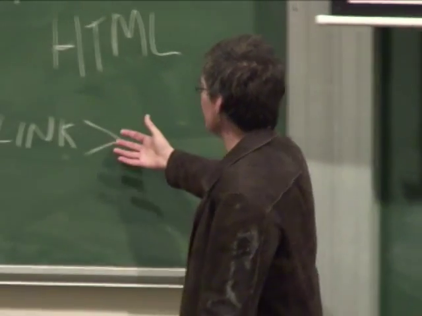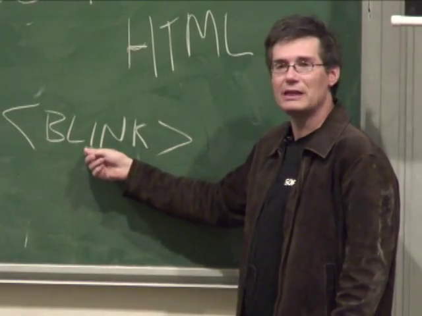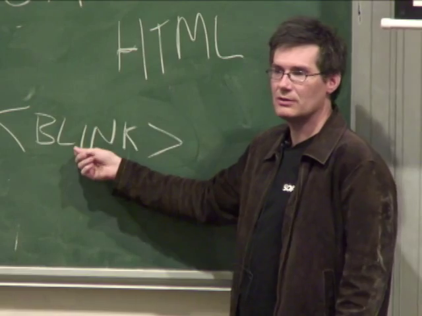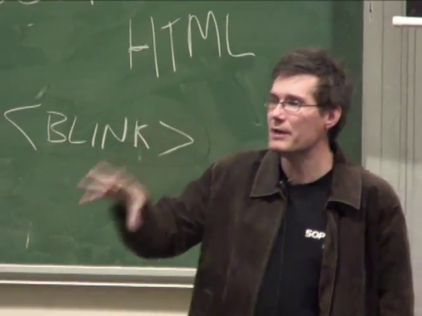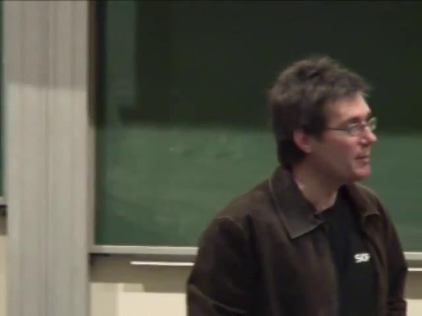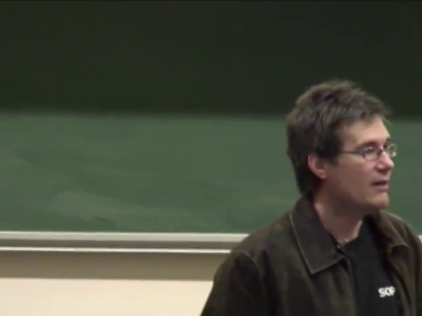Now, if most people in the world happen to use this browser, you're pretty safe to put this Blink tag in your HTML page because most people in the world can view it and it'll behave as you expect for most people in the world. But what about poor old people using something like Firefox or Mosaic or something like that, some other browser that does comply with the standard?